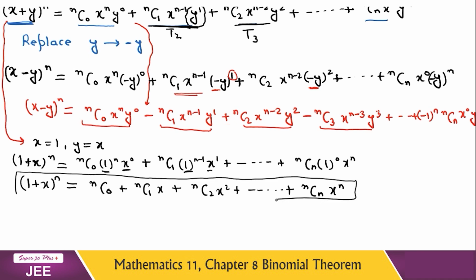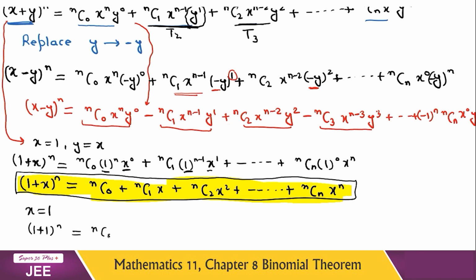You are supposed to memorize this expansion because it is more frequently used in many questions of binomial theorem. So (1 + x)^n has this expansion. Now in this expansion, if I substitute x equals 1, LHS becomes (1 + 1)^n, and RHS becomes nC0 + nC1 + nC2 + nC3 and so on till nCn.